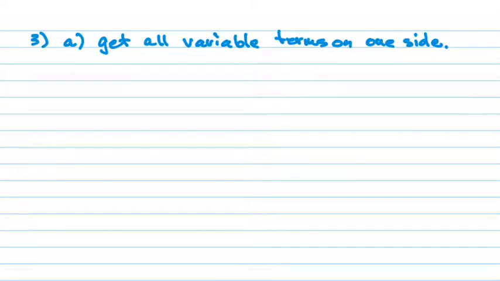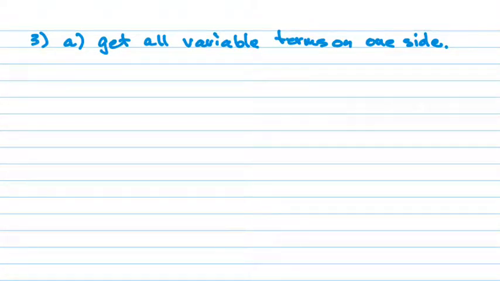Okay? Now, typically, we try to keep things positive because you make fewer sign errors if you have positives than negatives, right? But you're all great at signs, so we're not going to worry about that too much. But if you're going to keep it positive, you can do that by moving the smaller one. If you have a 2 and a 4, if you subtract a 4, what's 2 minus 4 going to give you?